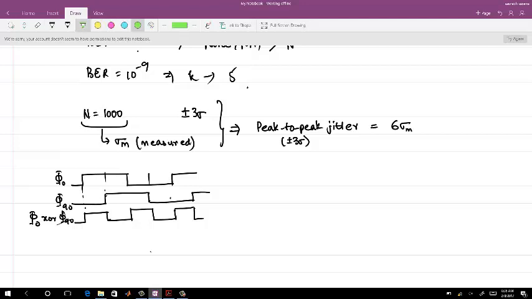In applications where only the duty cycle of the pulse width is important, the period jitter is important to be known. It's not the absolute jitter.